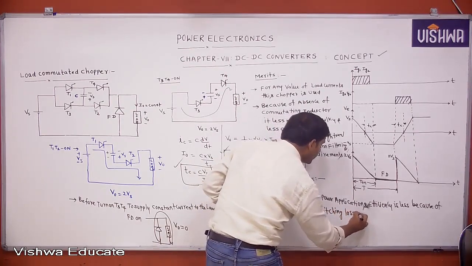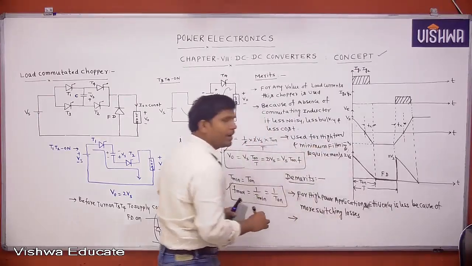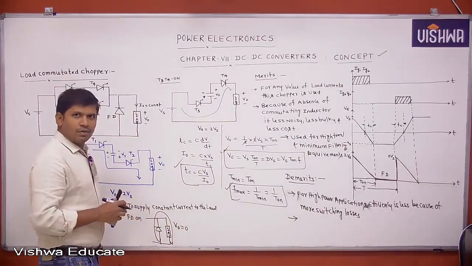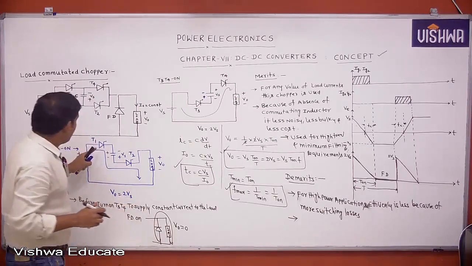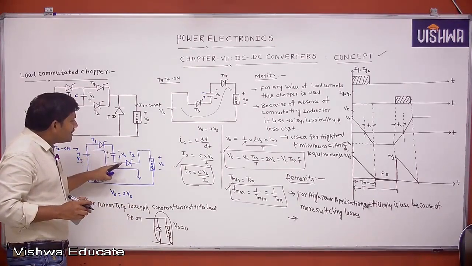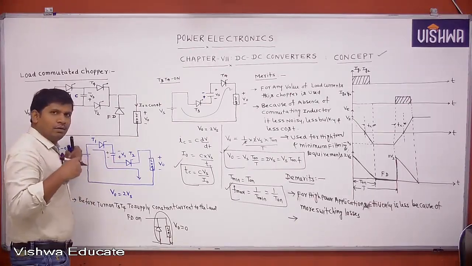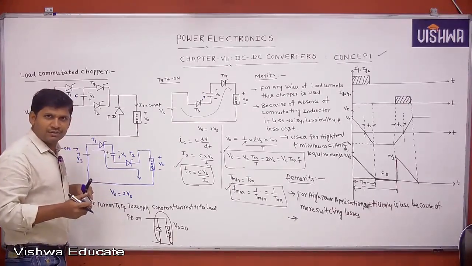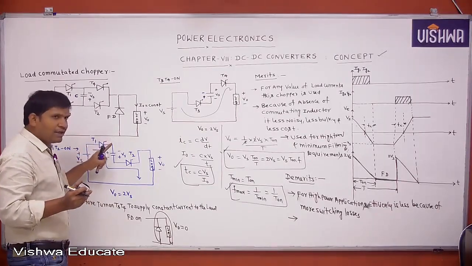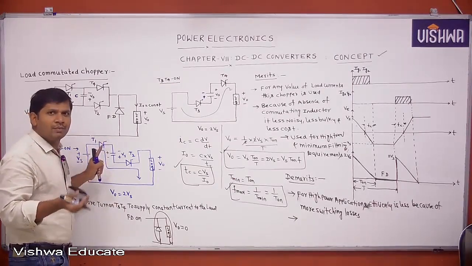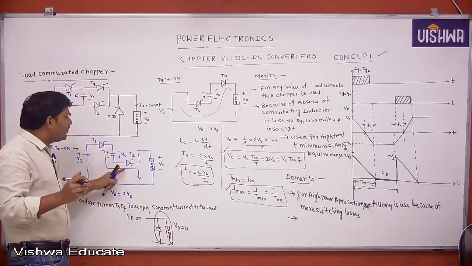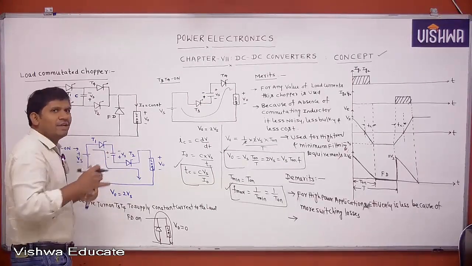The another drawback is, by turn off of one pair of thyristors only, we can trigger another pair of thyristors. That means by completely turning off one pair of thyristors, then you can trigger another pair. Before turn off of T1, T2, we cannot trigger T3, T4.